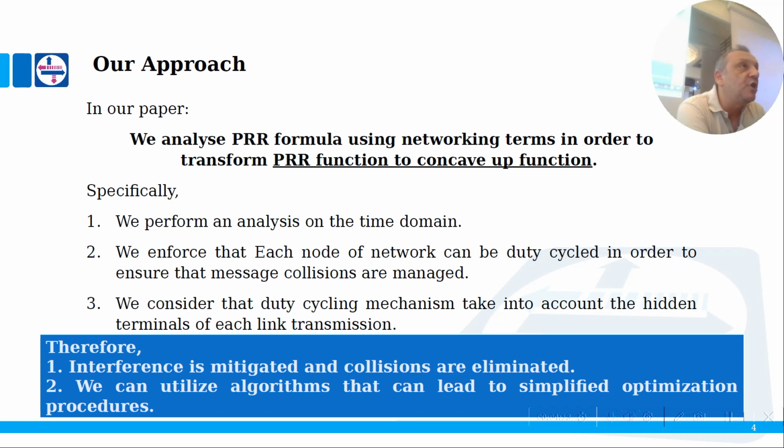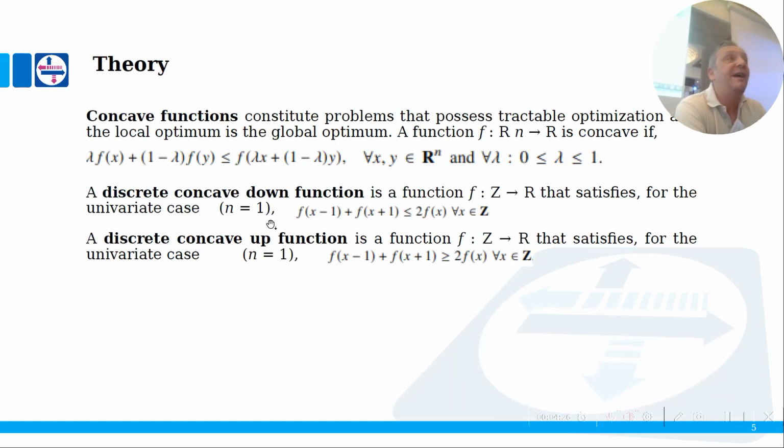And because we will make this into a concave up function, we can utilize efficient algorithms to solve our problem. The theory behind it is that concave functions constitute problems that pose tractable optimization, where the local optimum is the global optimum.